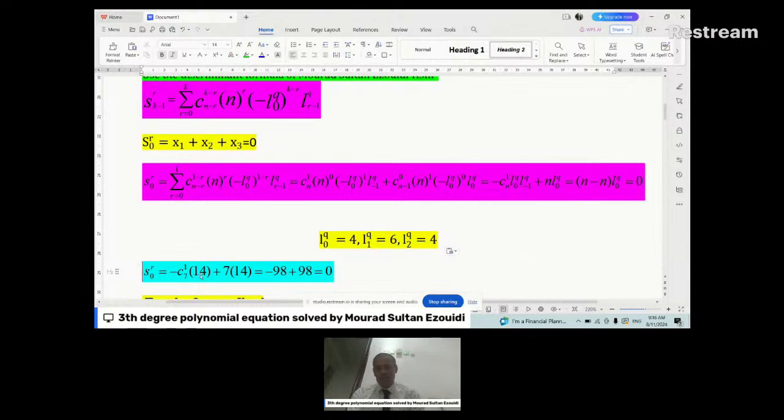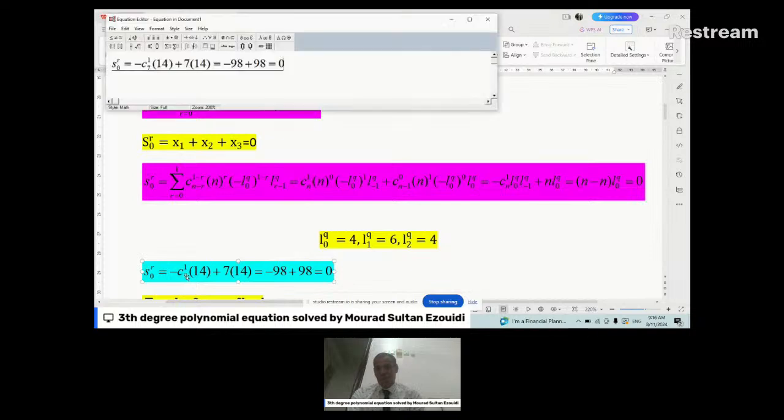So S0 is negative 1 over 3 times, of course, this is 4, plus 3 times 4, which is 12, minus 12, equals 0. This is the value of S0.